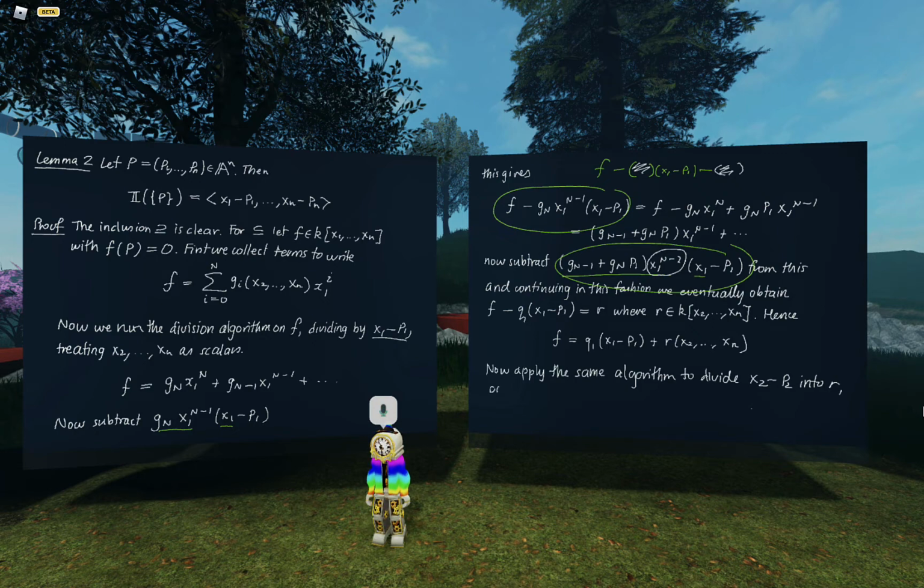And then we can divide x3 minus p3 into that remainder, etc. And eventually we'll be able to write f as a sum of some polynomials. Who knows what variables they contain?